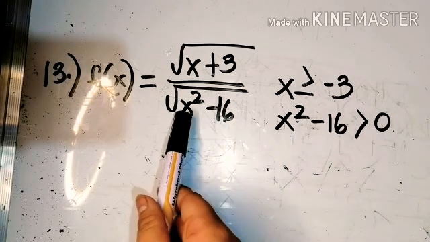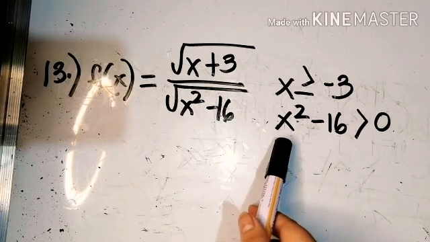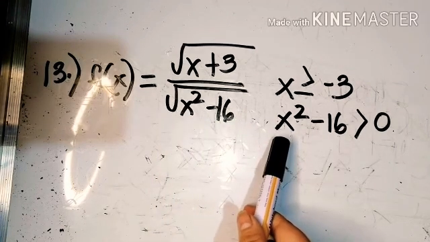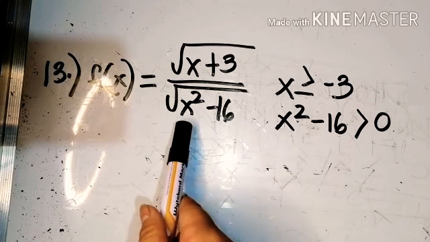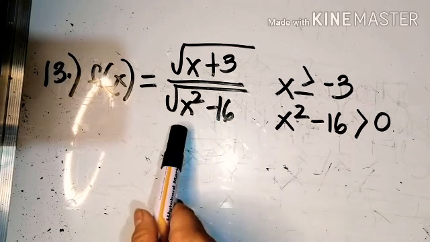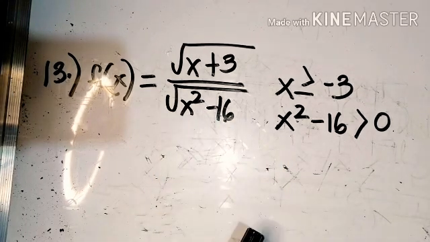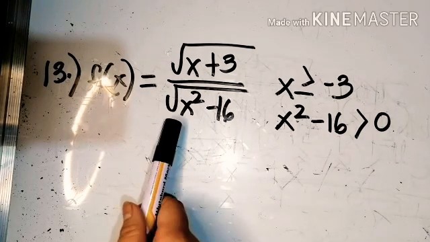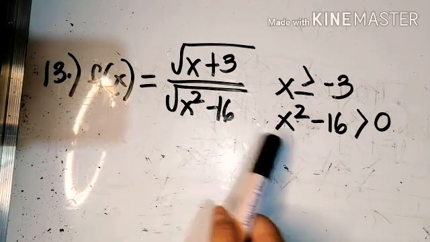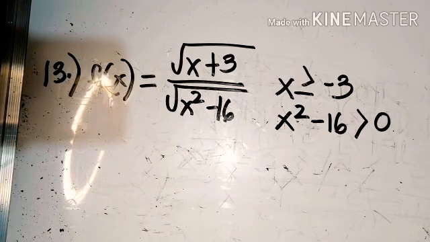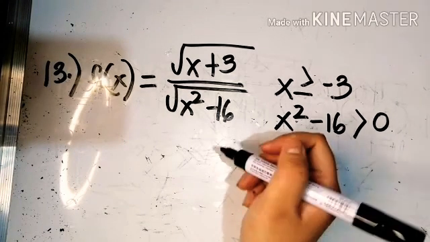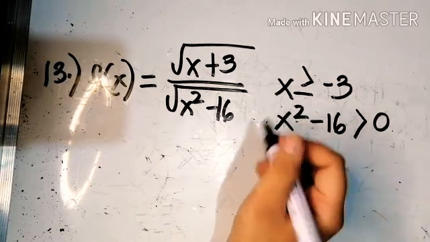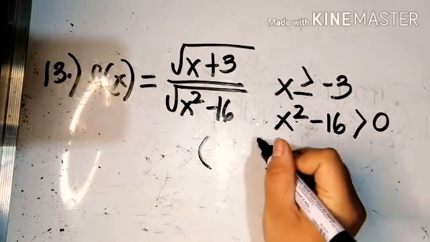Bakit greater than 0? Ba't hindi siya equal to 0? Kasi nga, bawal yung 0 sa baba. Bawal siyang is equal to 0 yung nasa baba natin, nasa denominator natin. Okay? So, kapag sinubstitute natin siya ng 4 squared minus 16, siya ay magiging 0.